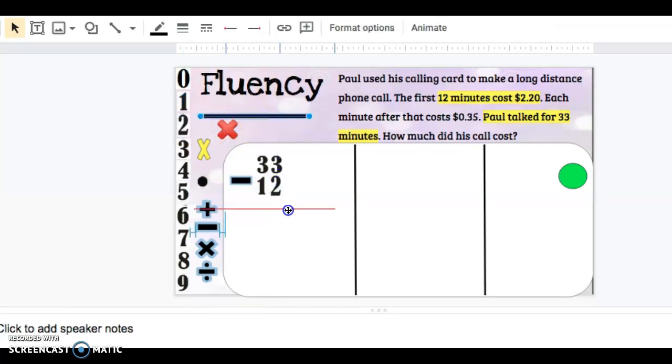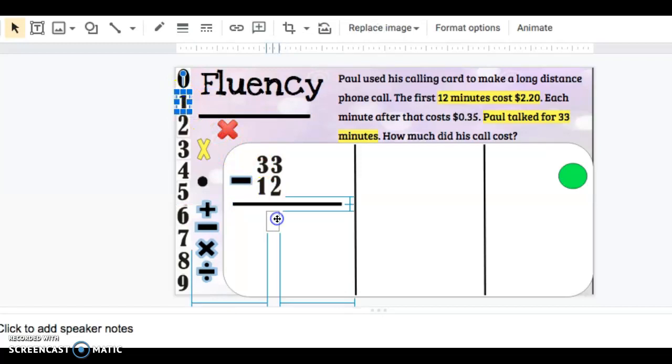Okay, so we subtract. 3 minus 2 is 1. 3 minus 1 is 2. So we have 21 minutes that we have to account for and how much that cost.